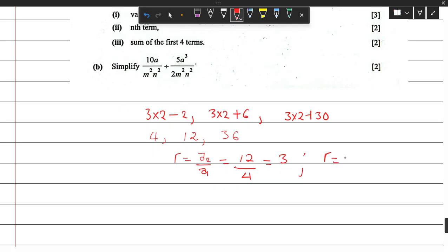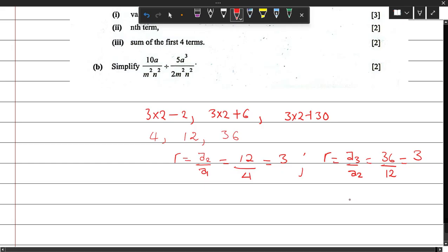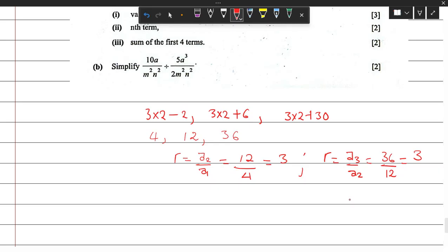So R equals A3 divided by A2. I said next divided by the previous, because for A3, the previous is A2. So A3 is 36 divided by A2, which is 12. You still get 3. So our value for w is correct. You can prove from here that the common ratio has to be the same.